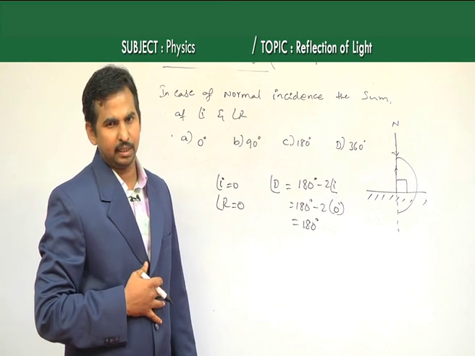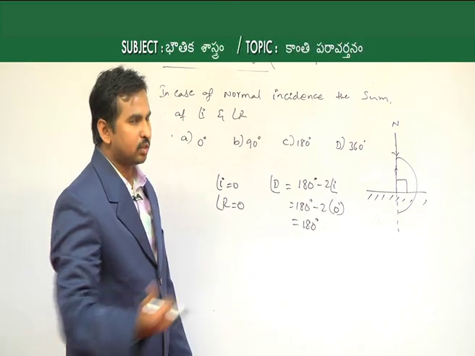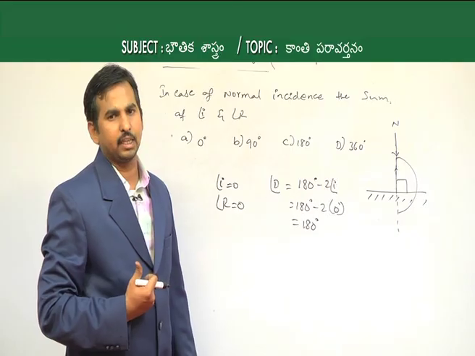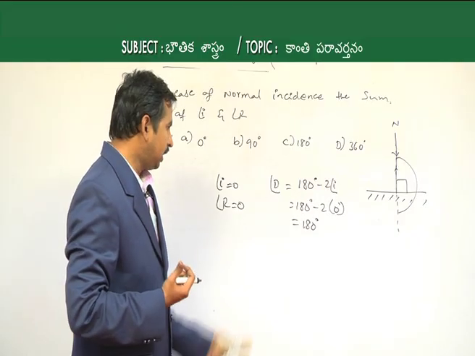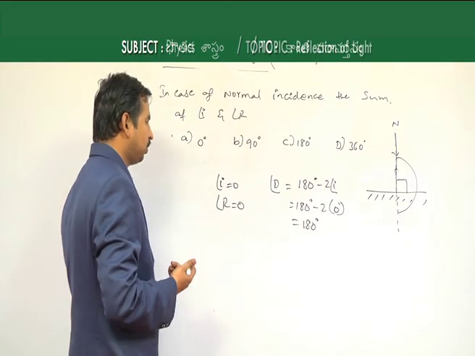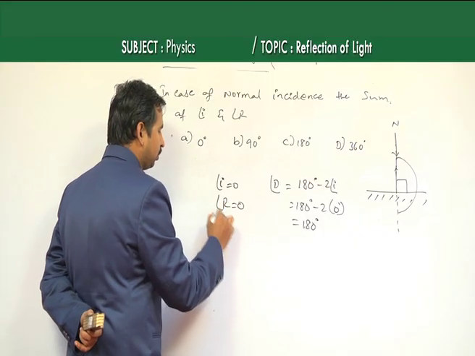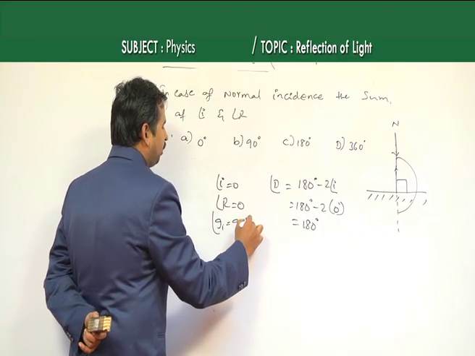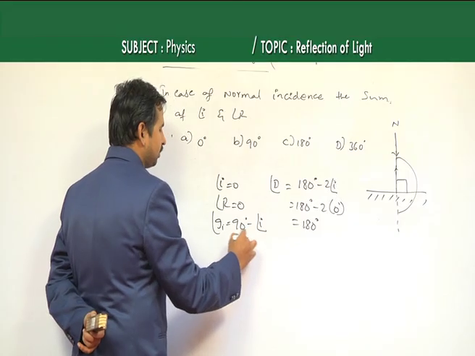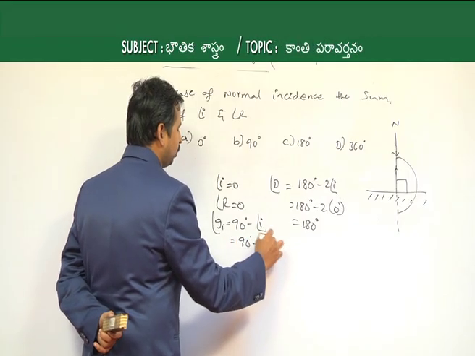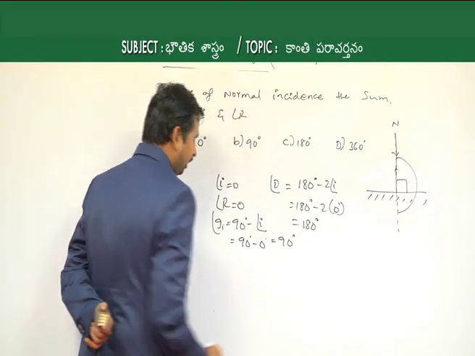Or even in the case of normal incidence, if you take the glancing angle, we know that the glancing angle is 90 minus the angle of incidence, which is 90 minus 0, it becomes 90.